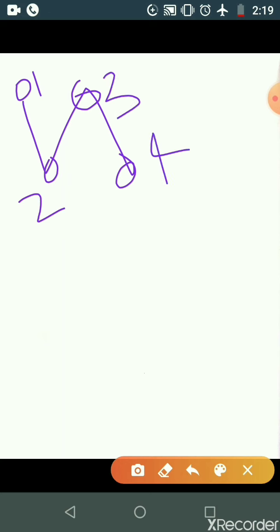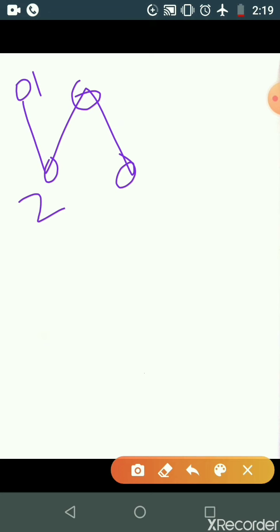So this is a 4-coloring of P4, correct? So P4 is 4-colorable. Okay, a proper 4-coloring exists, correct? And if you can use 3 colors like this, then you can say this is a proper 3-coloring of this graph, and this graph is 3-colorable.